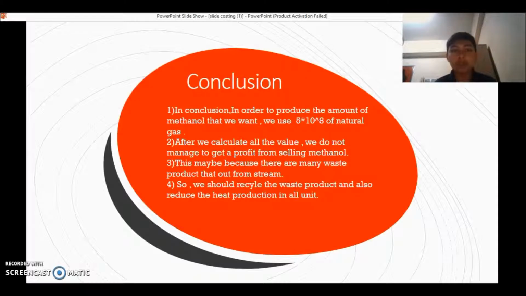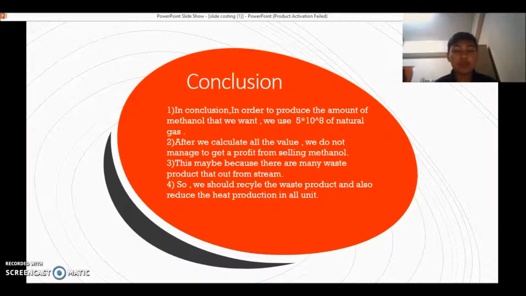Okay, now I will proceed to the conclusion. In conclusion, in order to produce the amount of methanol that we want, we use 5 times 10 to the power of 8 of natural gas as the input or feed. After we calculate all the values, we do not manage to get a profit from selling methanol. This may be because there are many waste products coming out from the stream.